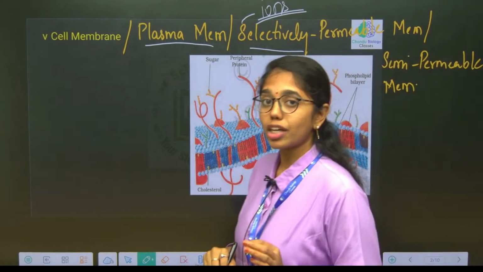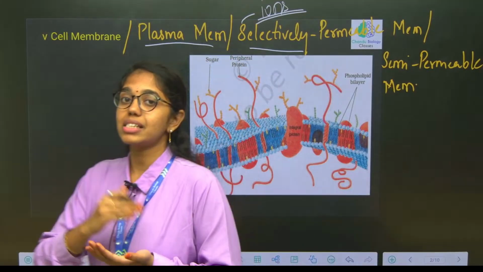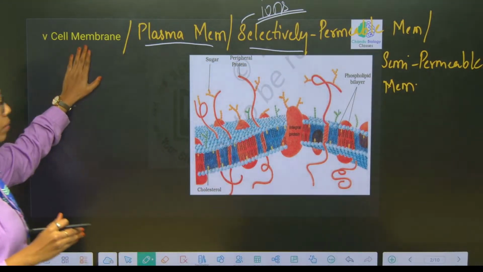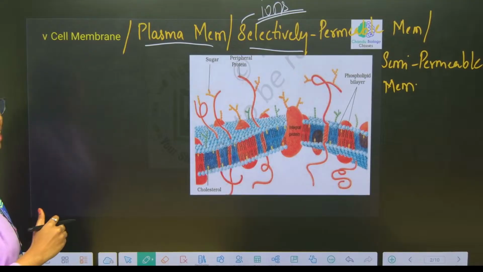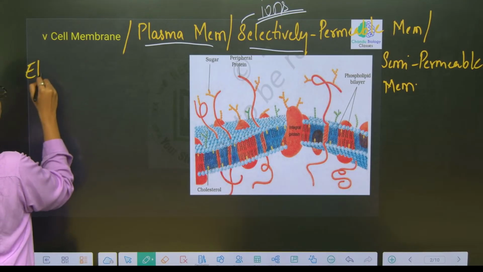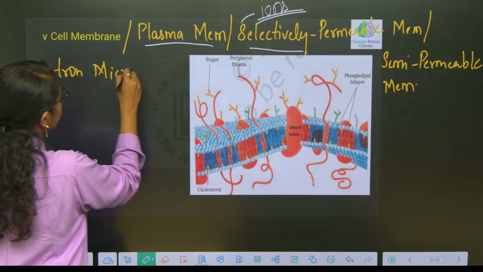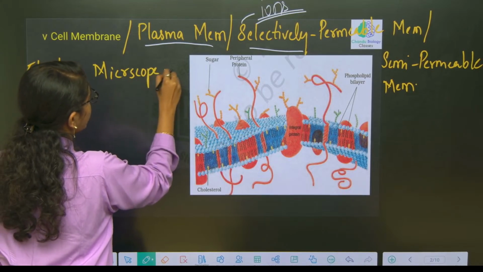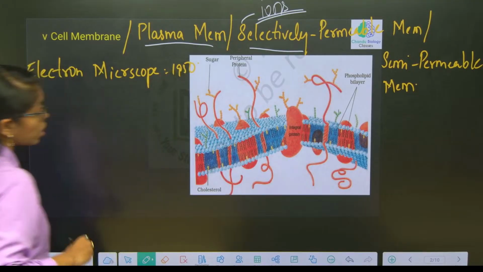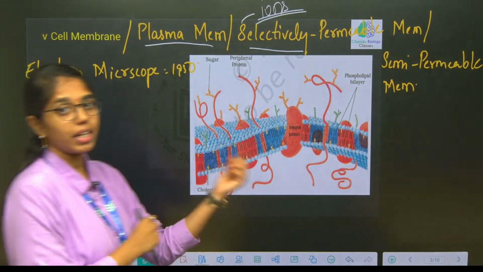The clear structure of the cell membrane started to be known after the discovery of the electron microscope in the year 1950. As such, many cell membrane models have been given.